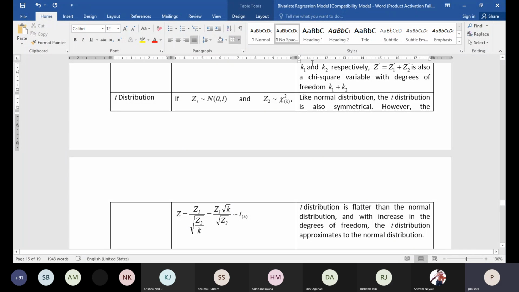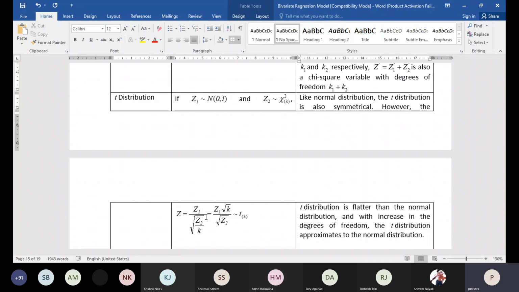If Z1 follows standard normal distribution and Z2 follows chi-square distribution, then this measure, that is Z1 by square root of Z2 by k, will follow T distribution. Now, like normal distribution or standard normal distribution, T distribution is also symmetric.